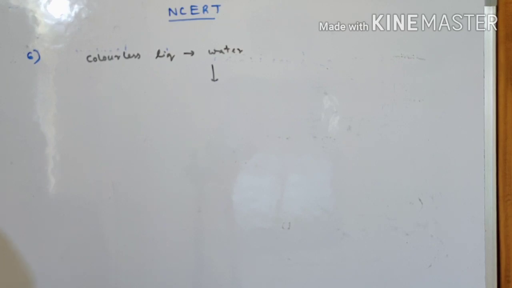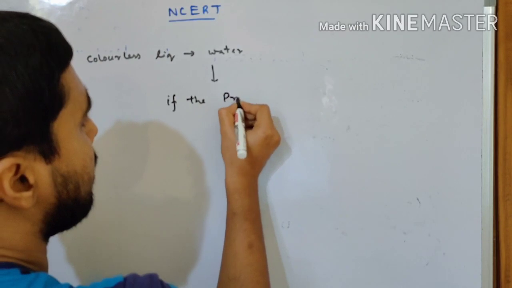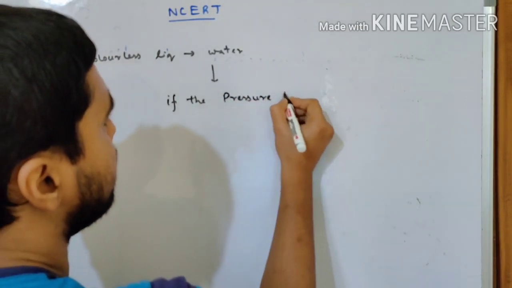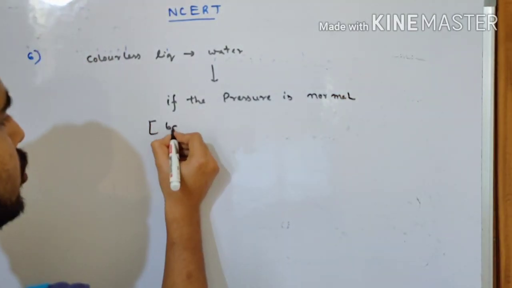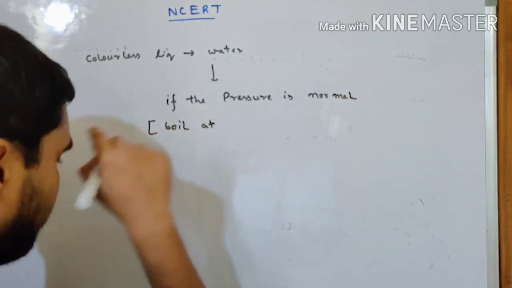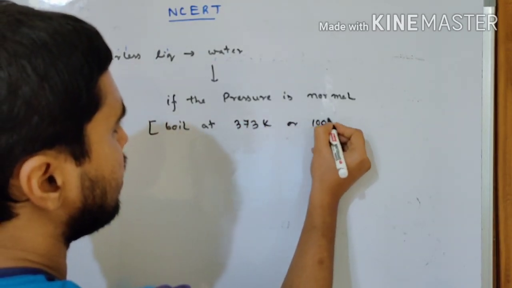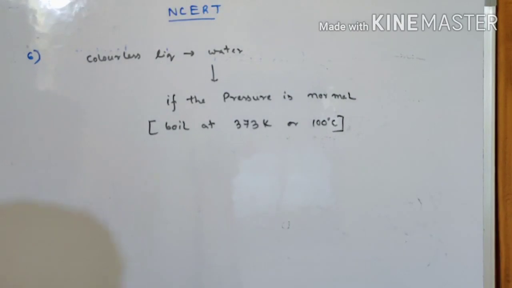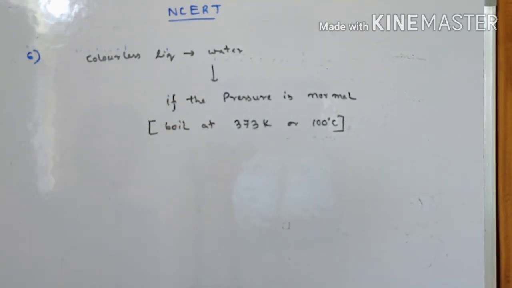If the pressure is normal, then this should boil at 373 Kelvin or 100 degree Celsius. So for the given liquid, you check whether at normal pressure it boils at this temperature or not. If it does, then it is definitely pure water. If the pressure is normal, it should boil at this temperature only.